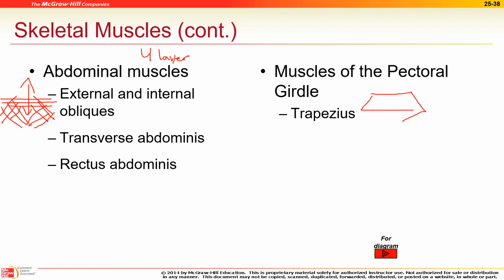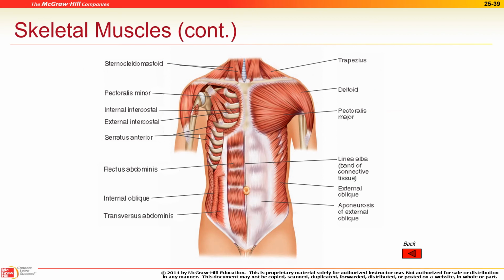Your traps make a trapezius. So here's your head, your shoulder muscles. Gives you a nice parallel trapezius. Pectoralis minor and major. The minor is underneath and the major is above. Here is that aponeurosis, all this white stuff, because your muscles don't attach to bone here.